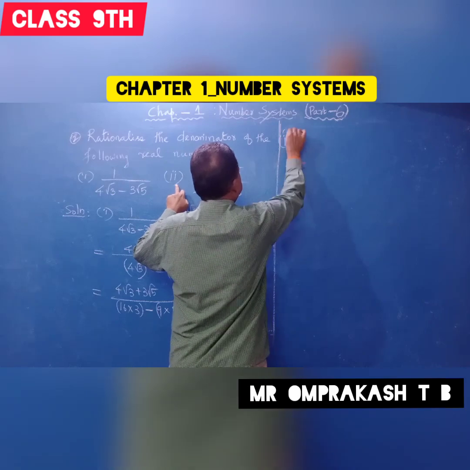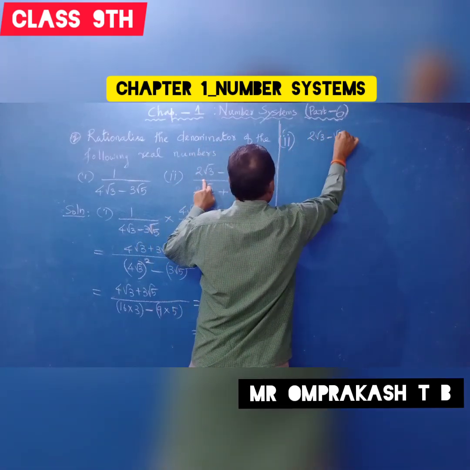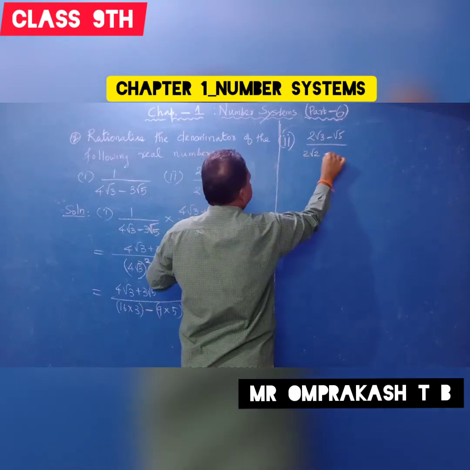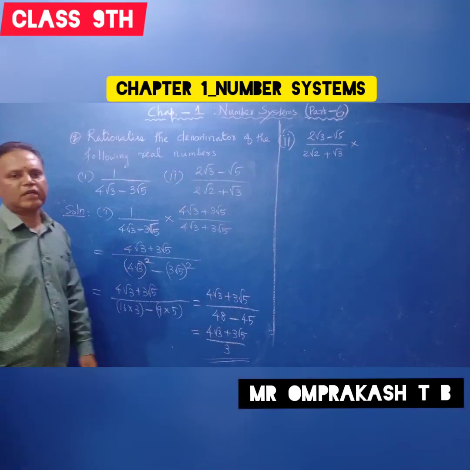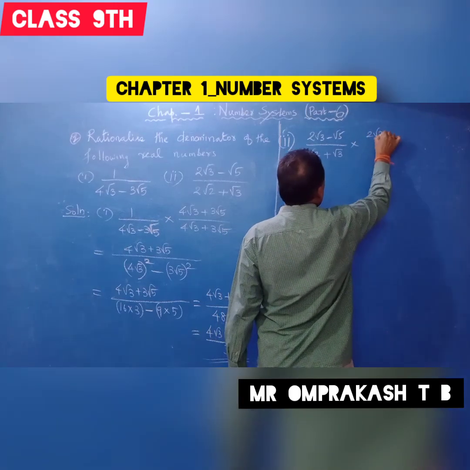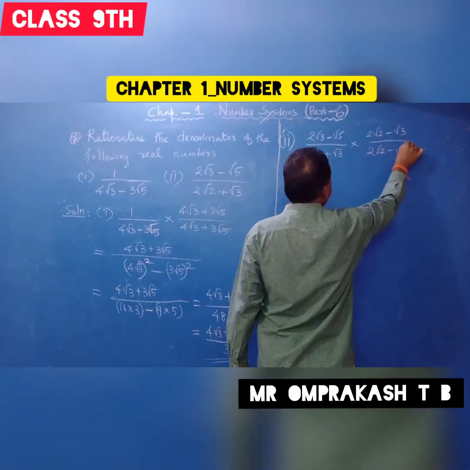Second. Denominator. What is the conjugate? 2 root 2 minus root 3 by 2 root 2 minus root 3. Okay.